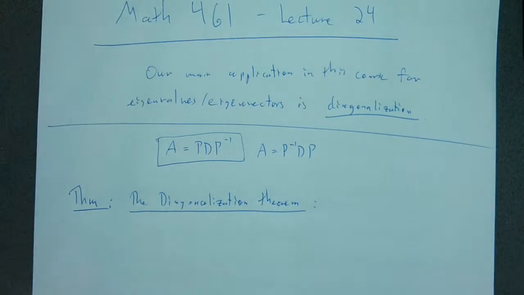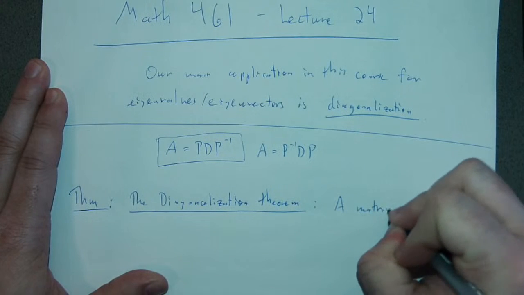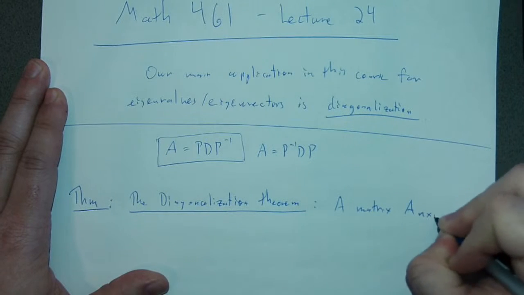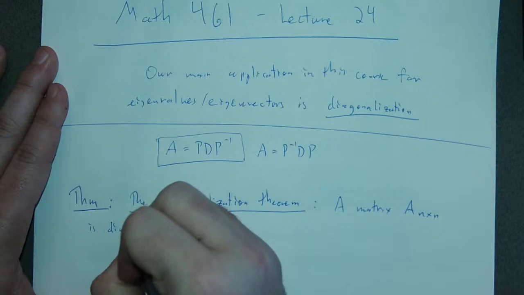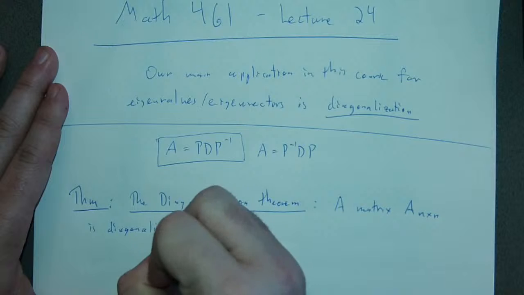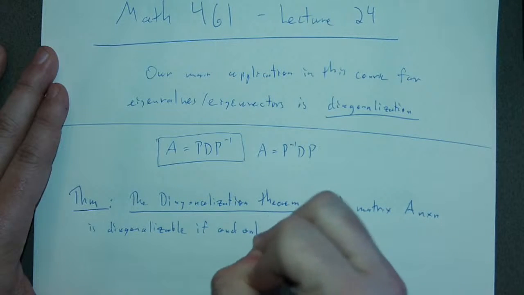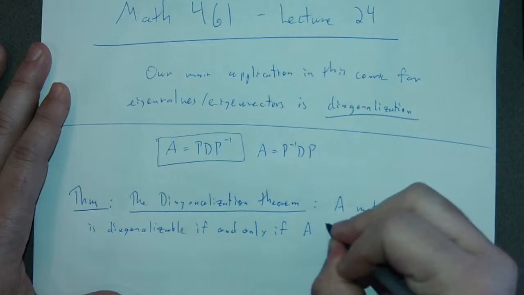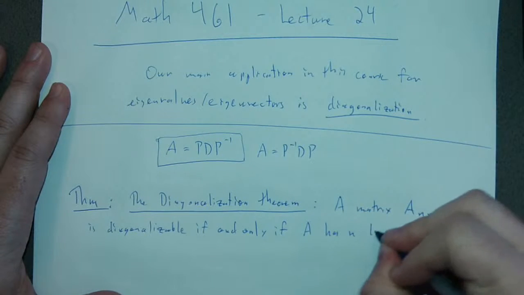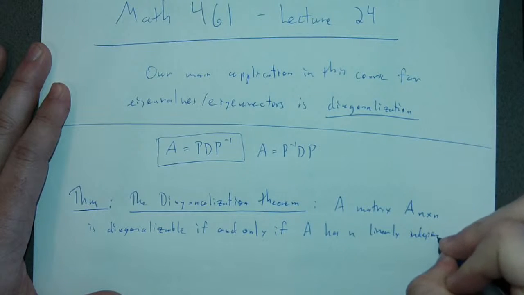So what does the diagonalization theorem say? A matrix A that's an n by n matrix is diagonalizable if and only if, so exactly when, A has n linearly independent eigenvectors.